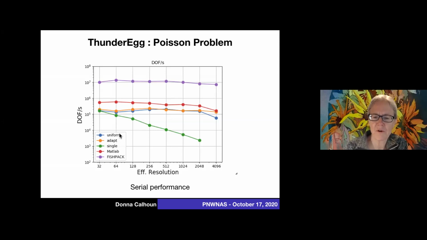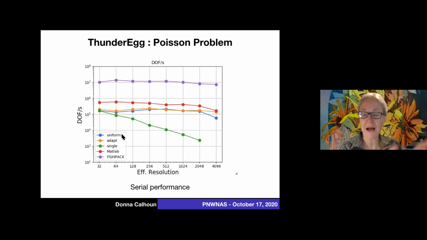Uniform would be a grid that uses the ThunderEgg solver, but that refines everything uniformly, so essentially everything is at the same level of refinement. It's still a quadtree mesh, but there are no missing leaves.